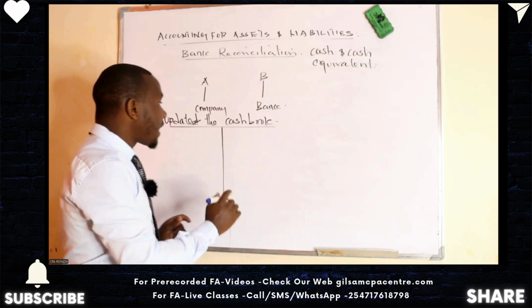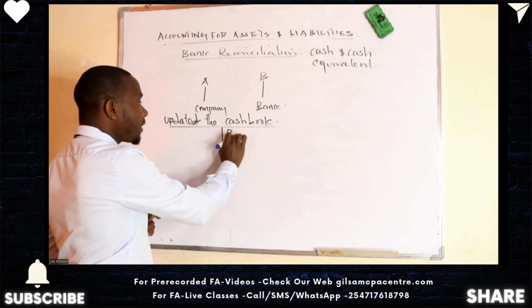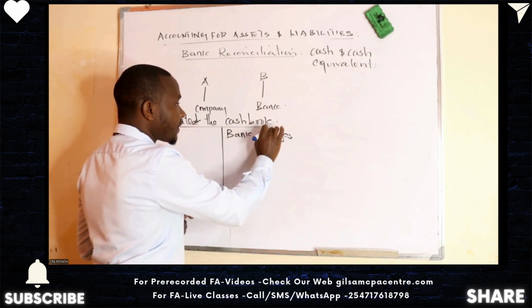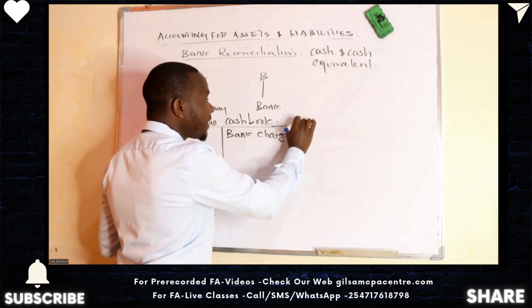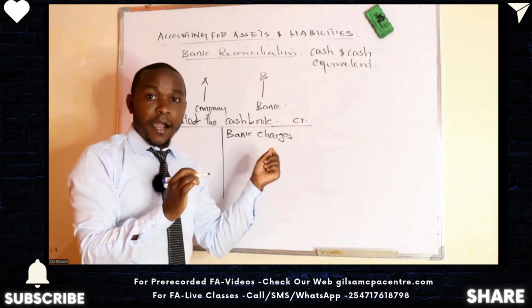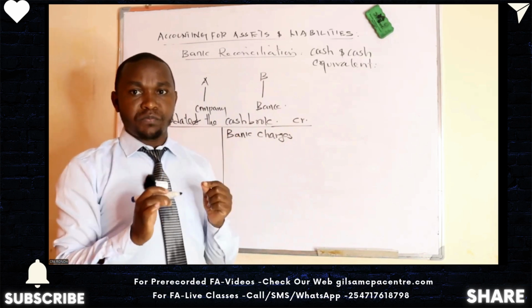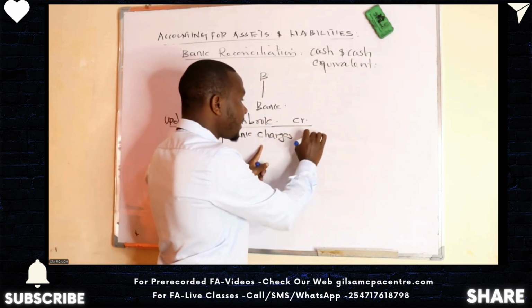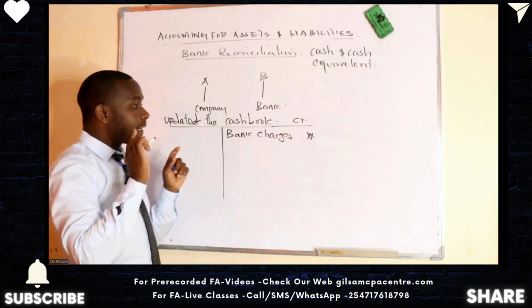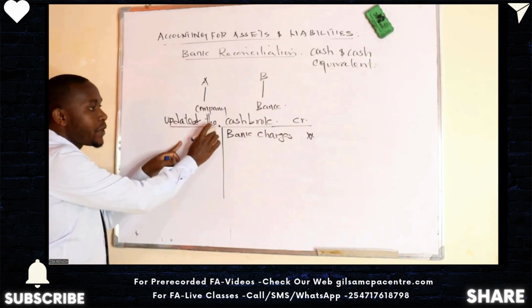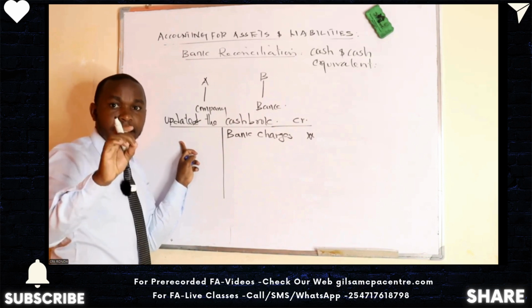Example, bank charges. We have to credit these bank charges because they reduce our current balance in the cash book. It is an expense, so we credit the bank charges. Not forgetting that we already have a balance in our cash book.